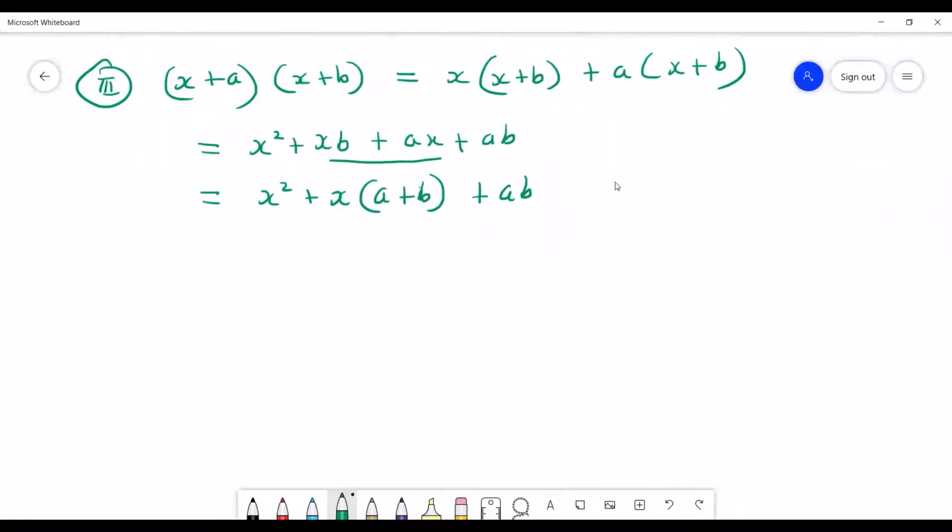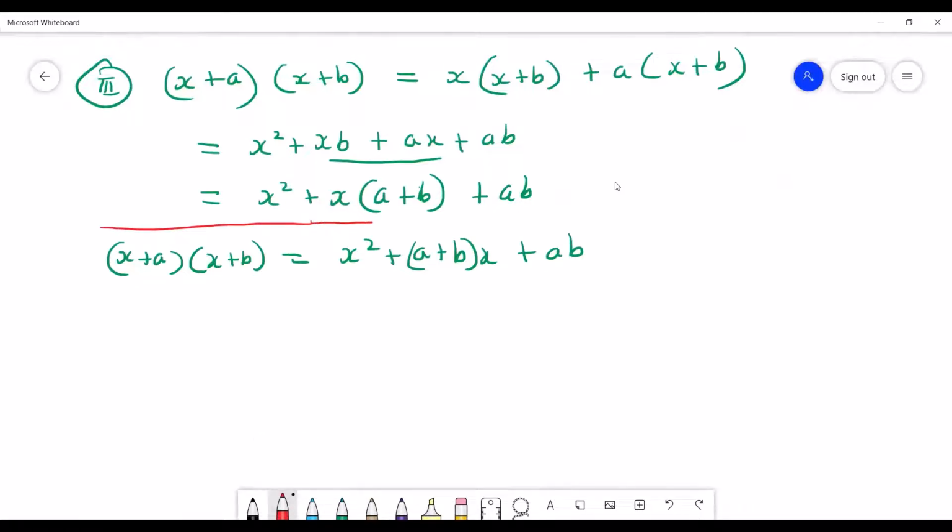So we can say that (x + a) into (x + b) is equal to x square plus (a + b) into x plus ab. This is also a very important algebraic identity, and we should keep this in mind throughout our life.